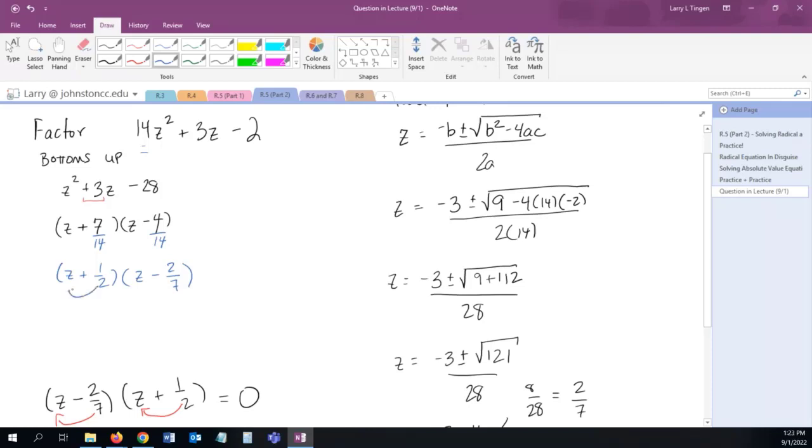Neither fraction reduces to an integer, so this comes out to 2z plus 1, 7z minus 2.